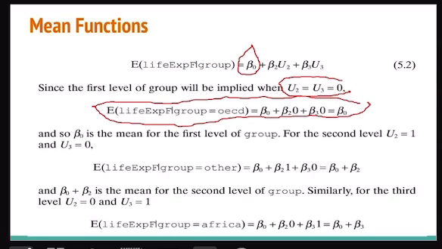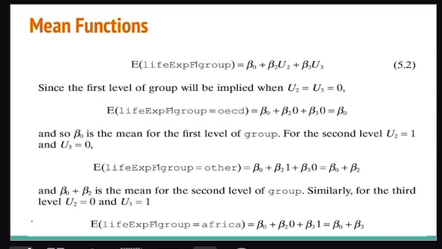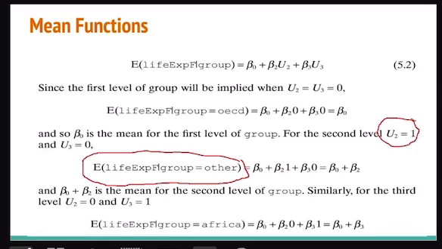Now, if I actually want to consider the second group, others, which means I let U2 equal 1. In the general model, we have a beta naught and a beta 2.